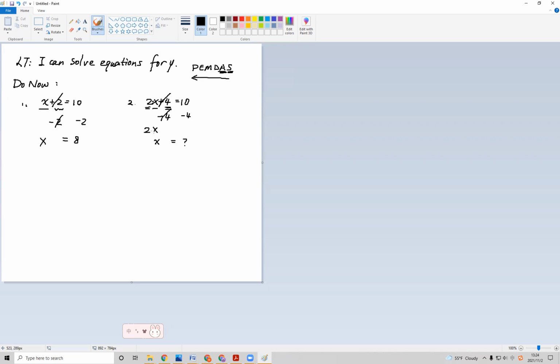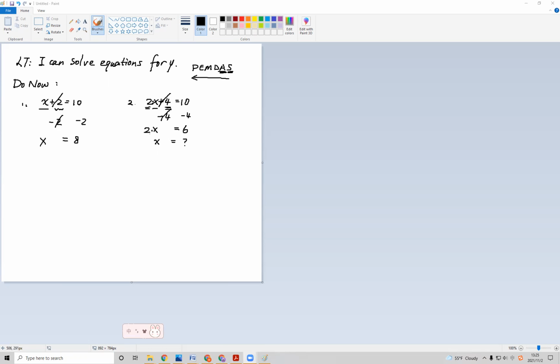So now you have 2x equal to 6. Last step, you don't want to see 2 because you want to leave x alone. So we get rid of 2 by using the inverse operation.